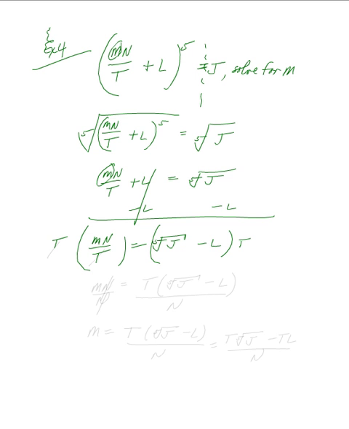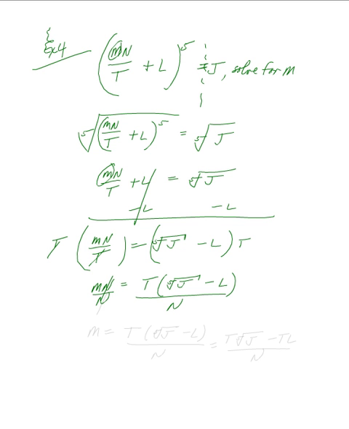And then these t's cancel out. I'm left with mn equals, and I'll bring the t out in front. It really doesn't matter, but t times the 5th root of j minus L. I'm sorry, the 5th root of just j and then minus L. And now, the last thing we have to undo is the n. Since it's multiplying times m, I'm going to divide by n.